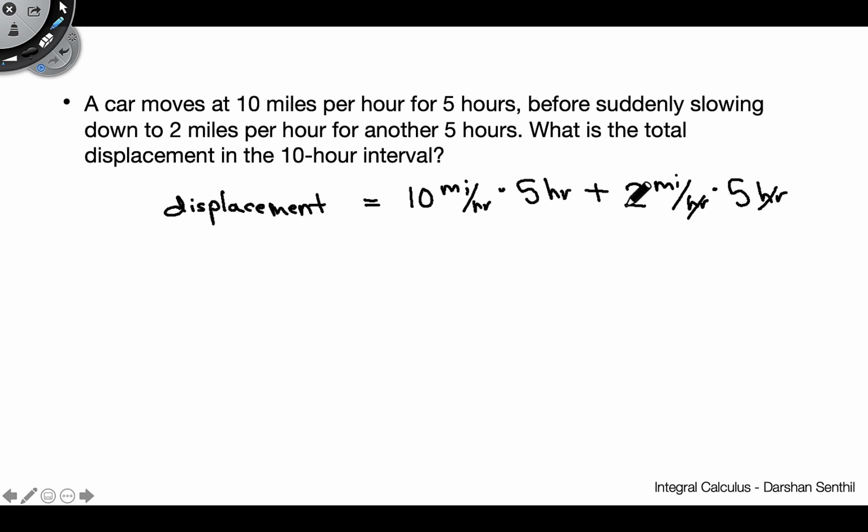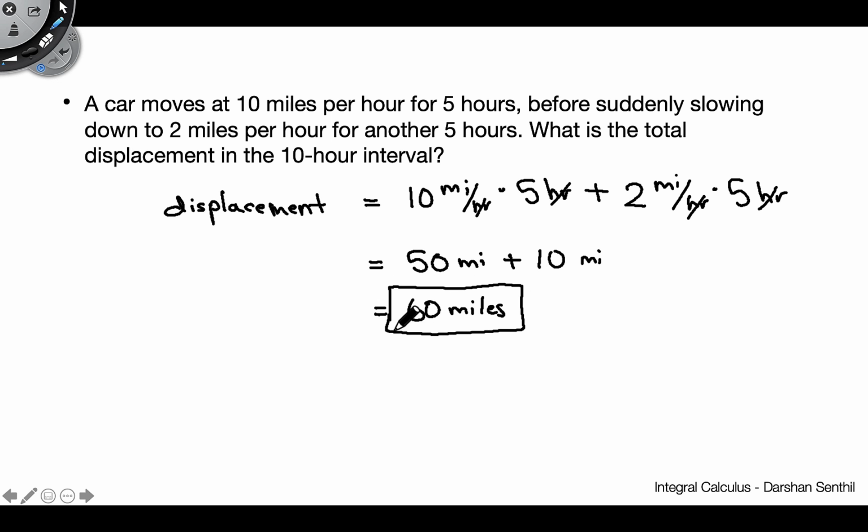Once again, the hours cancel out just like they did before. This comes out to 50, and then over here we have another 10. So in total, our displacement ends up being 60 miles. Again, nothing tricky there, same formula. The only difference is because our velocity switches at this 5-hour mark, we have to break it up into two separate pieces here.